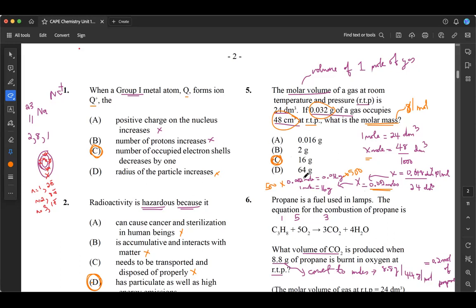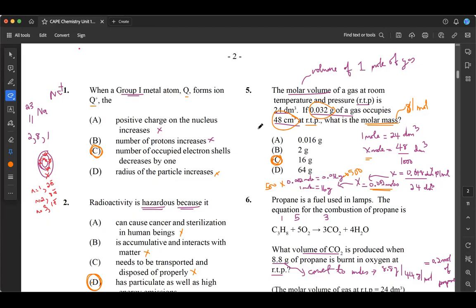So immediately we know how much 0.002 moles weigh, and that's 0.032. Then if we want to find out how much 1 mole would weigh, which is the molar mass, we just scale up. Multiply by 500, we get to 1. Multiply this side by 500, we get 16 grams. So the molar mass is 16 grams, and that's our answer for 5.